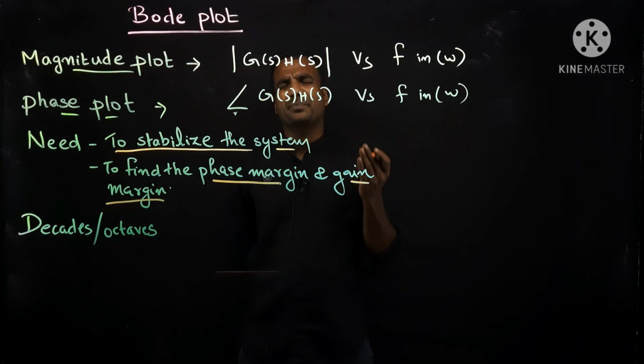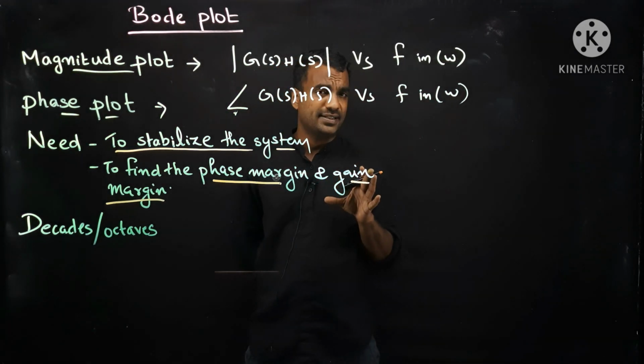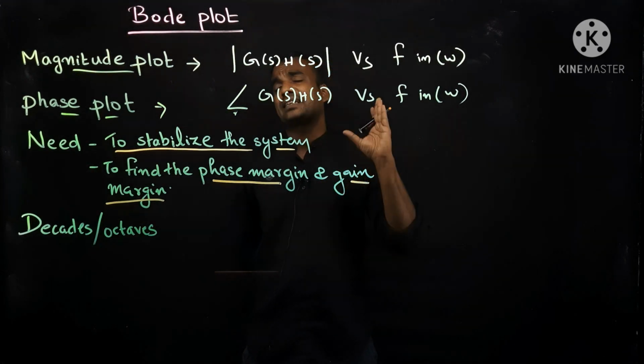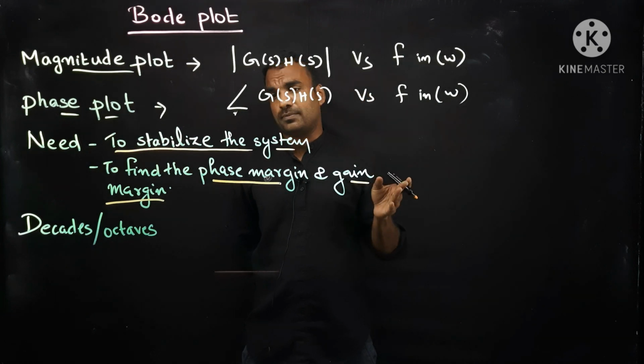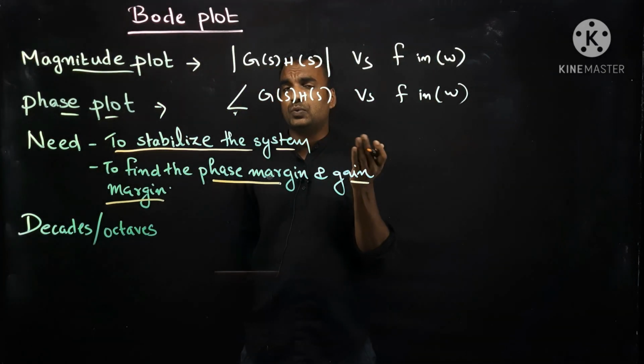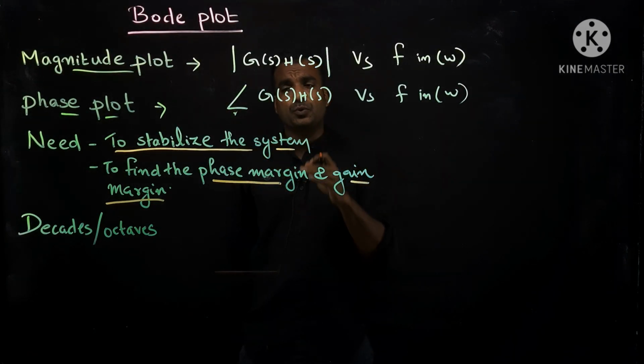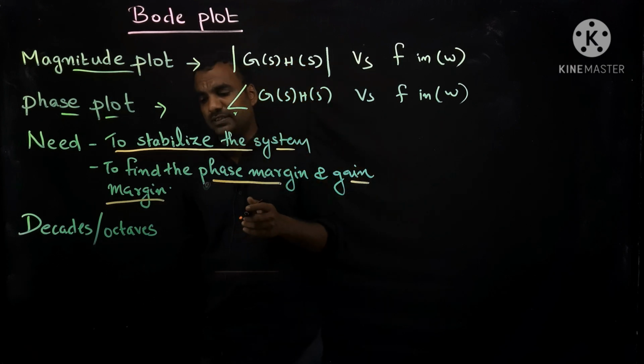The definitions will not make any sense in this module. You can understand the concept only by doing the problem. So I will discuss these things after making you understand the procedure to draw the magnitude plot and phase plot.